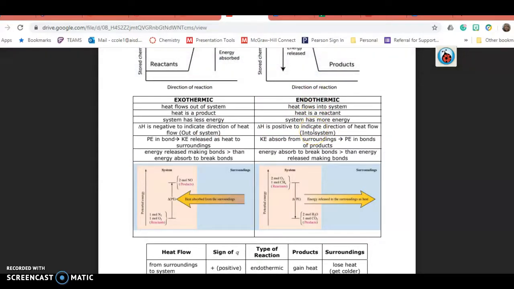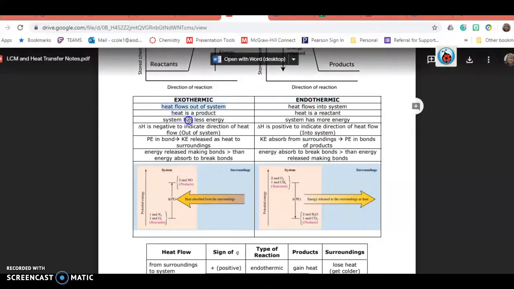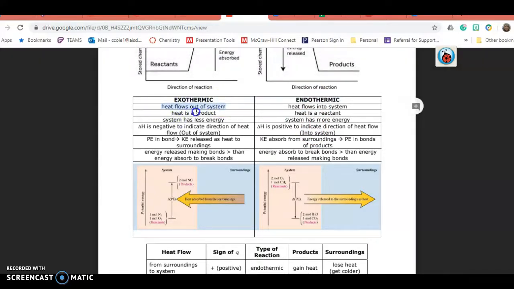And is it a reactant or a product? Right here, it says heat is on the product side in an exothermic reaction. You see that? I'll highlight it. Heat is a product. And then in an endothermic reaction, heat is a reactant.